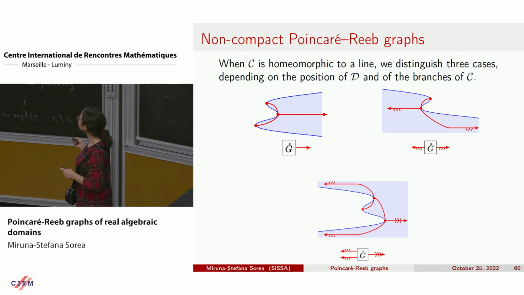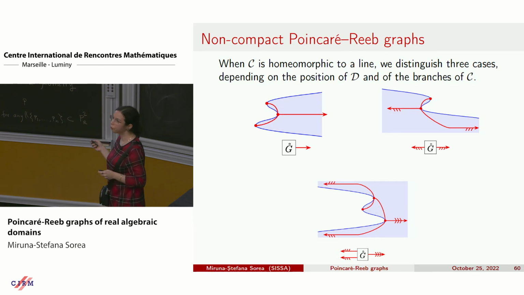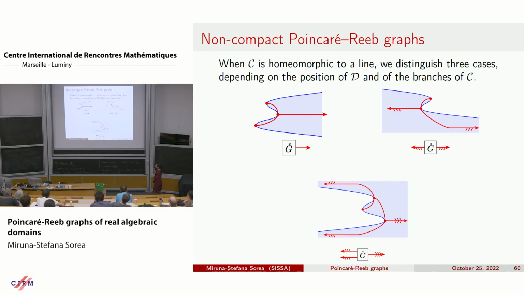There are arrows that encode the fact that the domain escapes towards infinity, and there are some feathers that show that there are some infinite vertical segments in the domain that get contracted. So these are new Poincaré-Reeb graphs for the non-compact case, in the simplest case where the boundary is just a line.